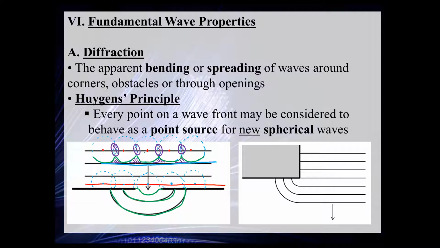Again, it's not very easy to do. I try to do my best to explain it, but really we don't need to worry too much about how to predict what these diagrams look like. We're more just interested in knowing that when a wave passes through a tiny opening or around edges, it starts to spread apart. So that's the important thing we need to be concerned with. Okay, so that's diffraction.